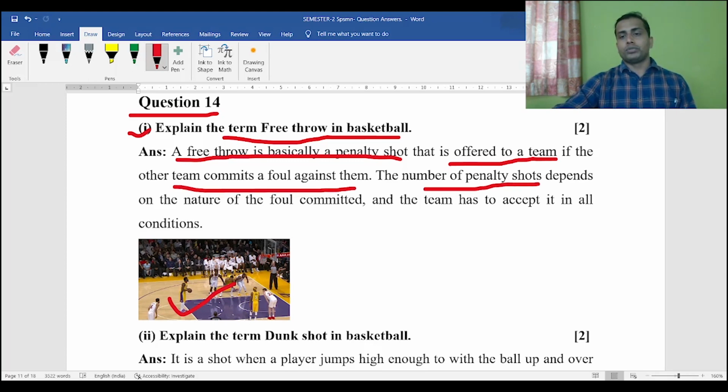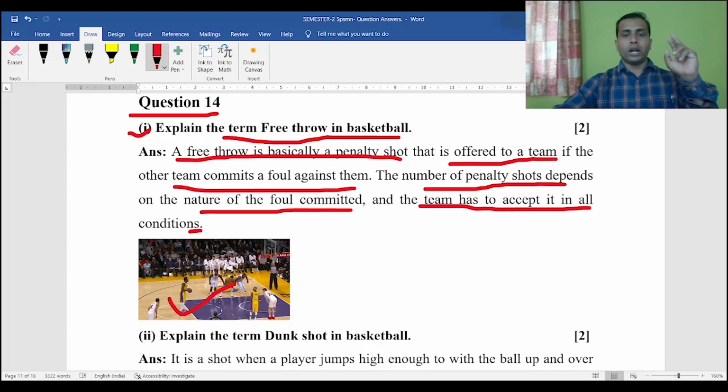The number of penalty shots depends on the nature of the foul committed, and the team has to accept it in all conditions. So when the referee identifies a fault of the opponent team, the other team will get the free throws. The player will stand just beyond the free throw line, and from there he will shoot towards the basket. The other players will not disturb in this case.